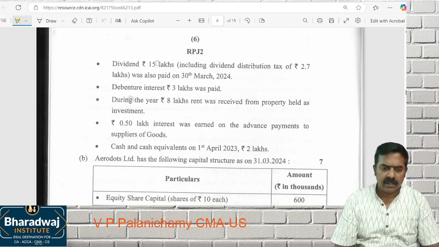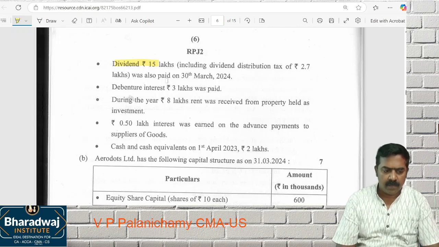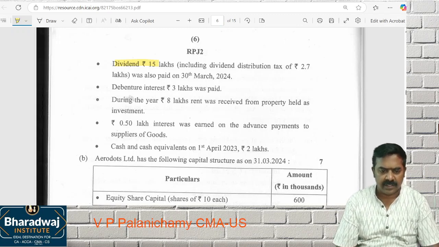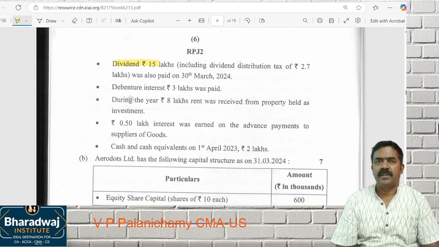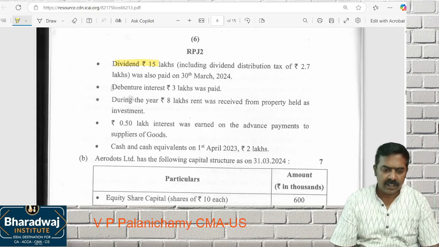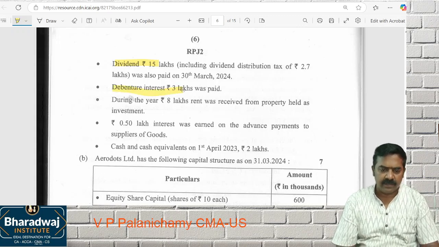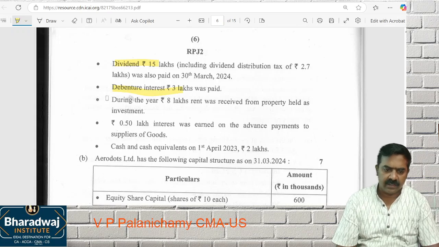Wait. Dividend 15 lakhs paid will come in which activity? Financing activity. 15 lakhs paid will come in financing activity, including this dividend distribution tax. Debenture interest paid will come in which activity? Financing activity. Rent received will come in which activity?